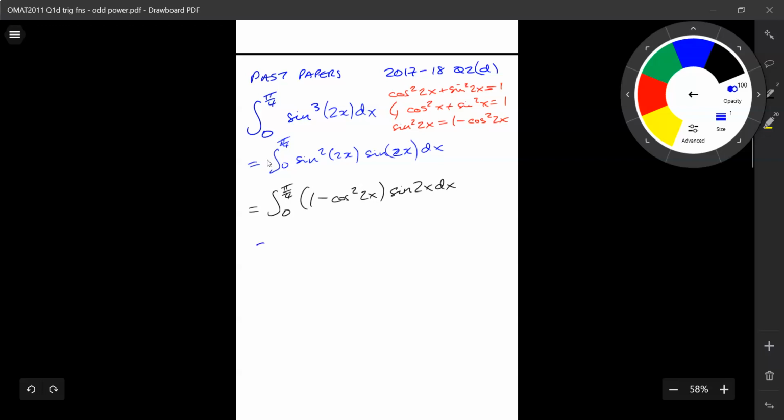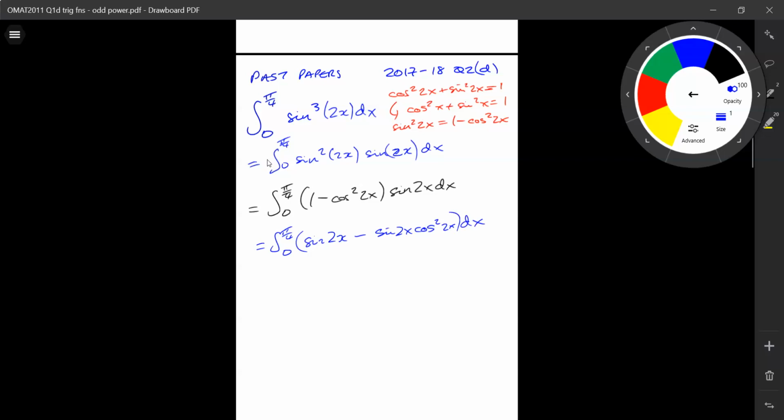I multiply it out here, so it's pi over 4 to 0 of sine of 2x minus sine of 2x times cosine squared 2x times dx. So I just multiply it out.